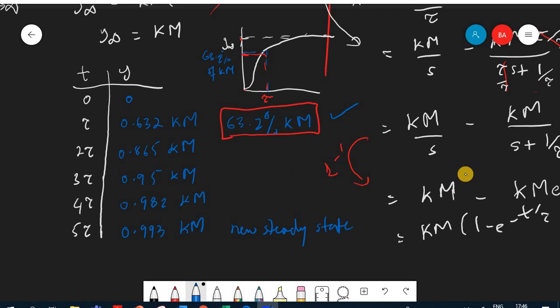My new steady state value, which is 99.3% of Km. And that is the other information that I would like to use within my problem here. So what do I have? I can reach my new steady state value at 5 tau.